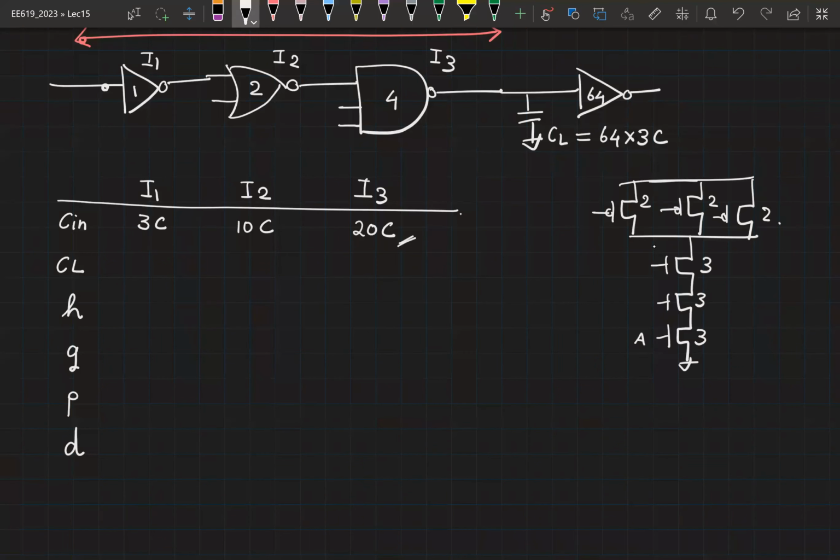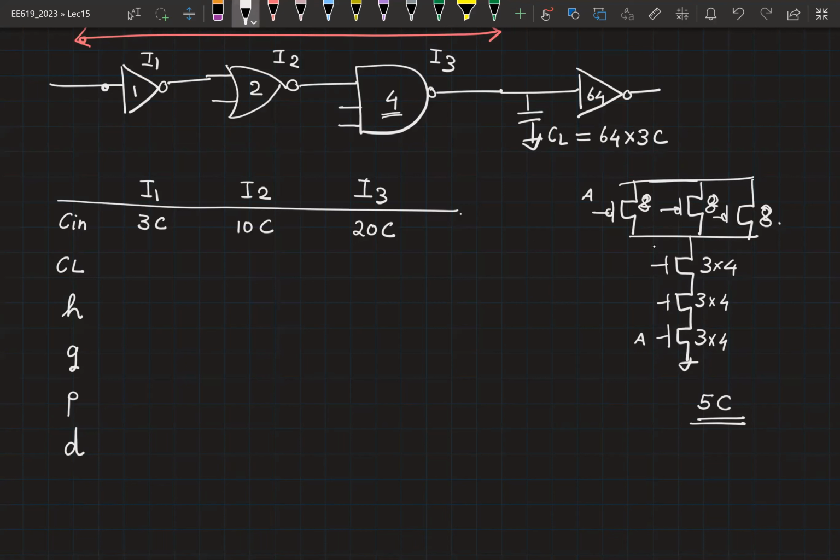So if this is A and this is also A, the input capacitance for a unit sized NAND 3 is 5C. But our NAND is now sized 4 times, so all of these will get multiplied by 4. And therefore your capacitance is 12 plus 8, 20C. Or if you know the input capacitance for a unit sized NAND 3, simply multiply it by 4. That will give you 20C.